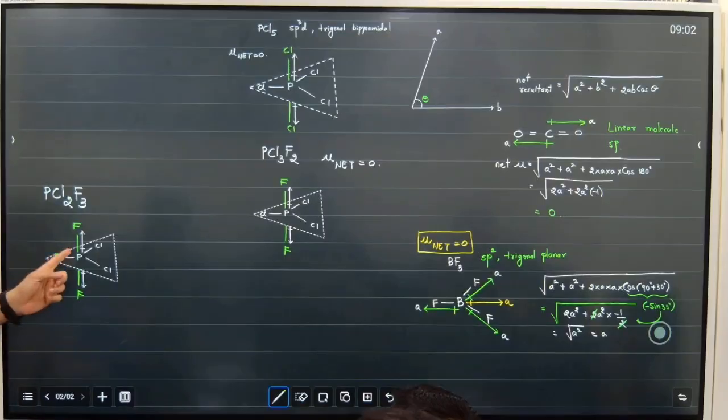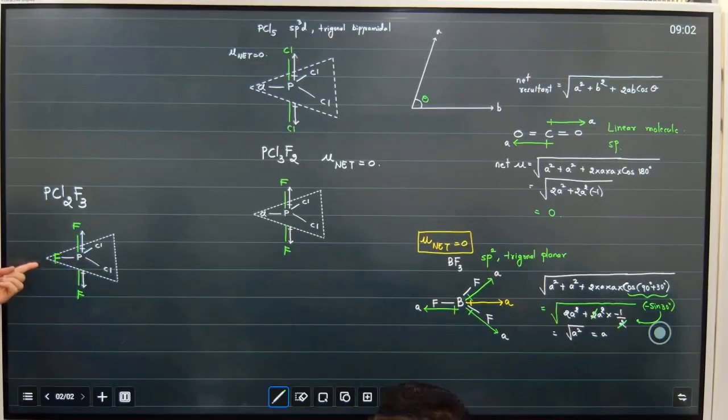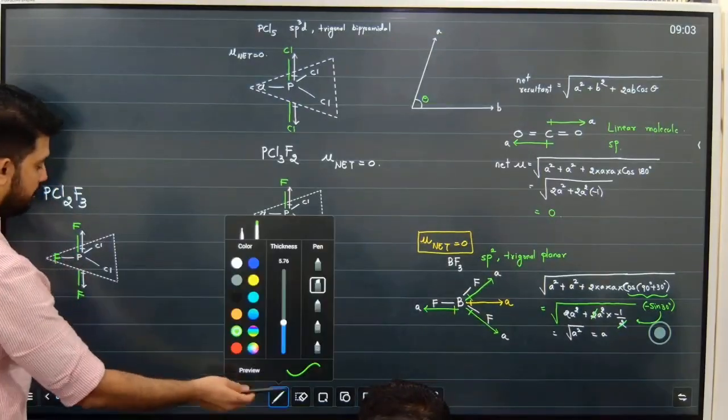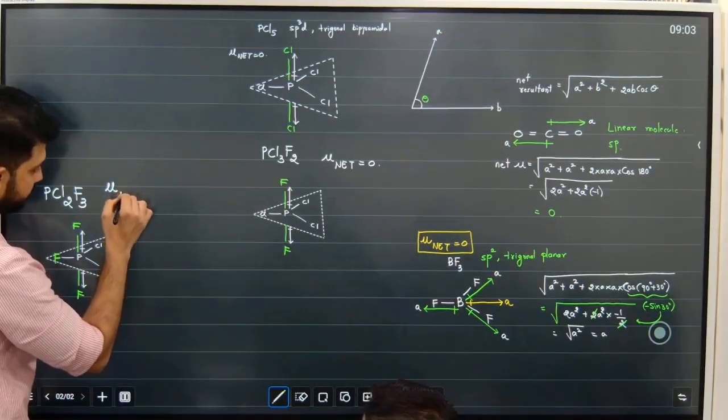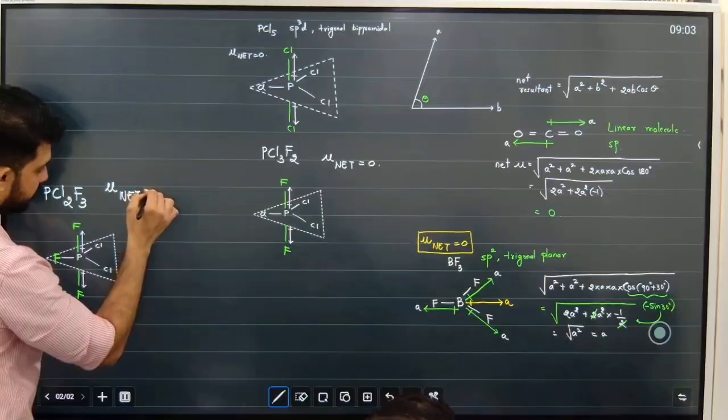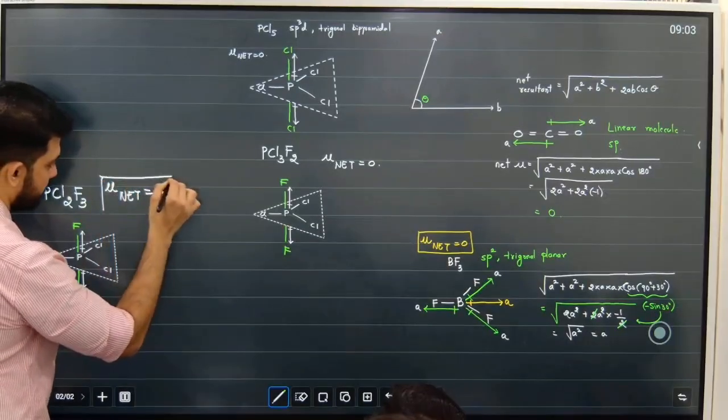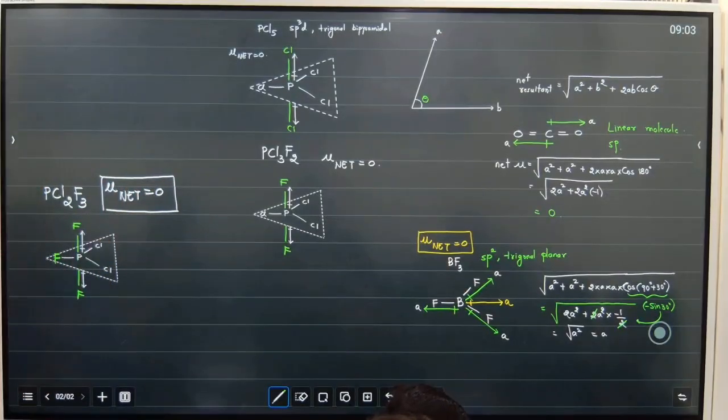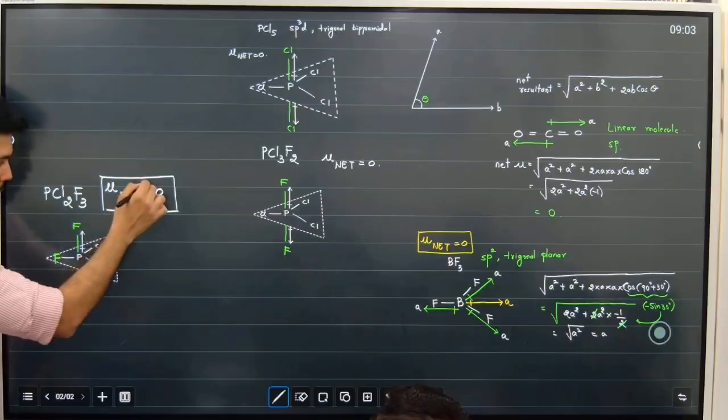The F, which is the dipole pointing up and the dipole pointing down, they will cancel each other. But will the planar dipoles cancel each other? Because this phosphorus and chlorine, and this is phosphorus and the net dipoles will not cancel each other. So here the net dipole is not 0.